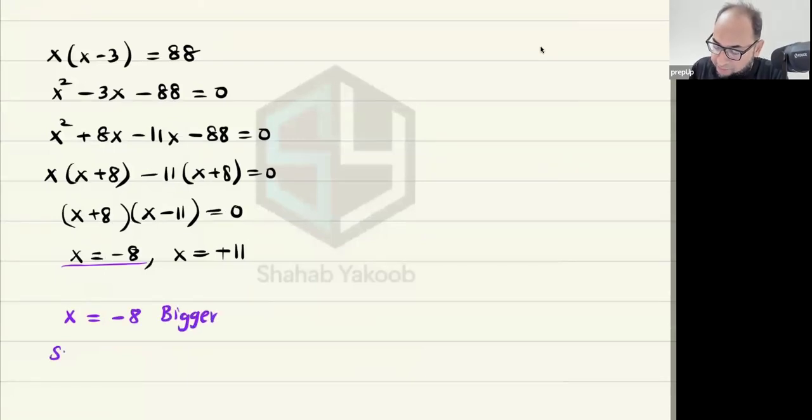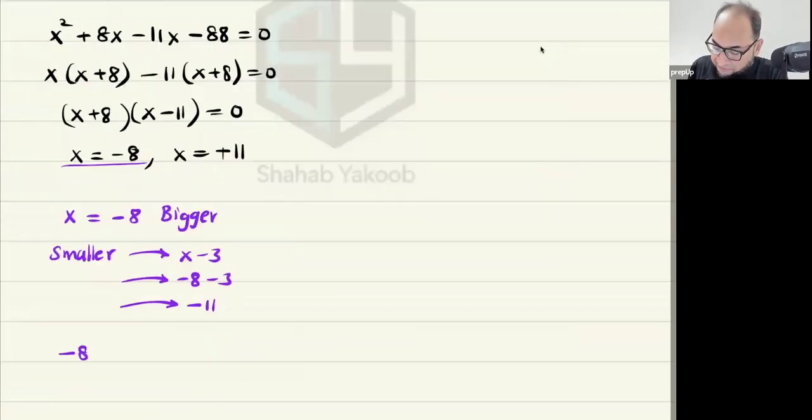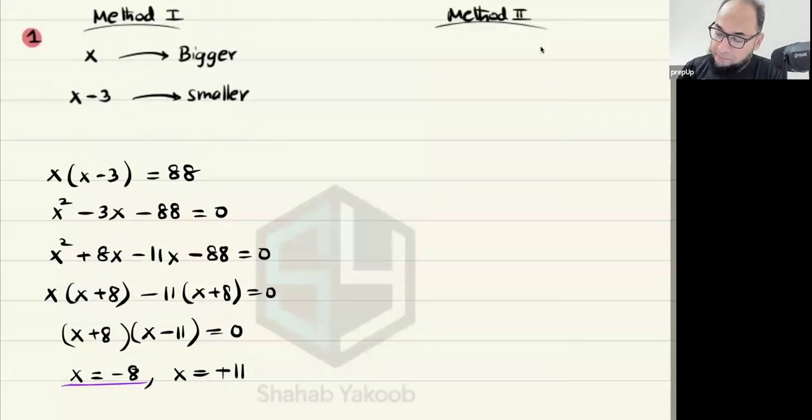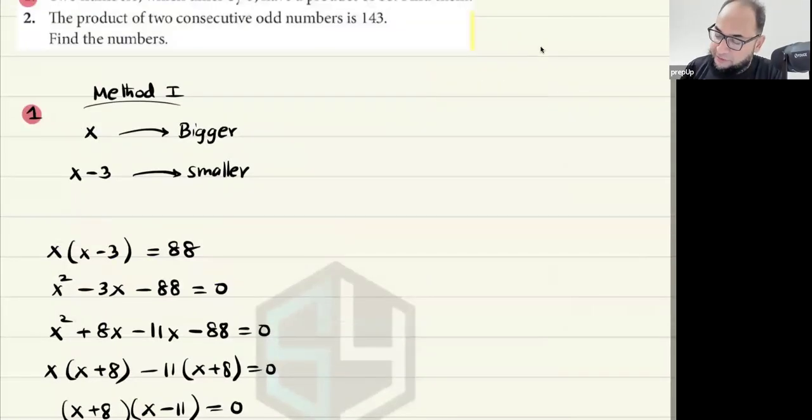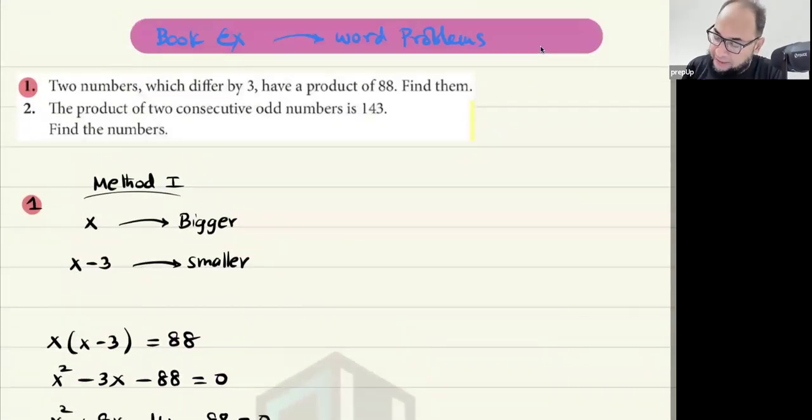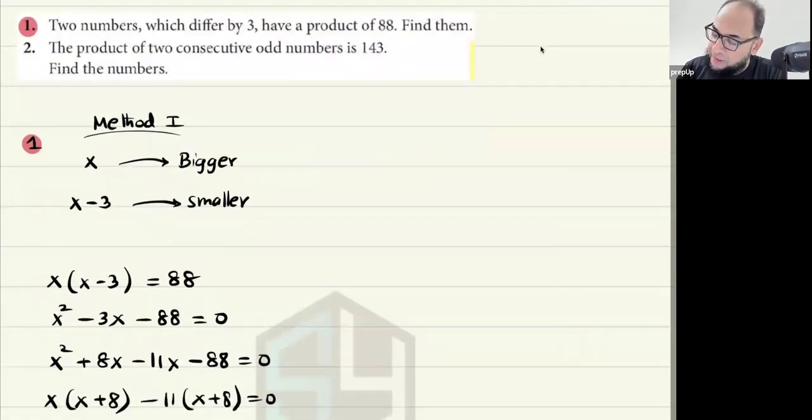The smaller one is x minus 3, which is negative 8 minus 3, which is negative 11. Therefore, negative 8 into negative 11 is positive 88. So yes, this answer is correct. I'll solve method 2 on the next page. So I'll be using this thing again. Let me just copy it and transfer to the next page.